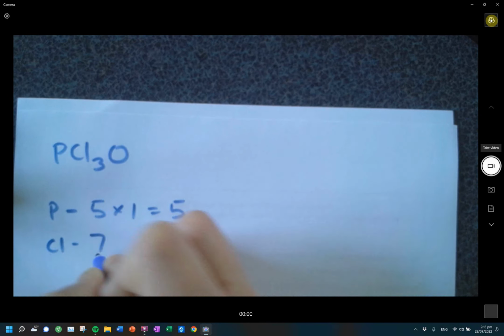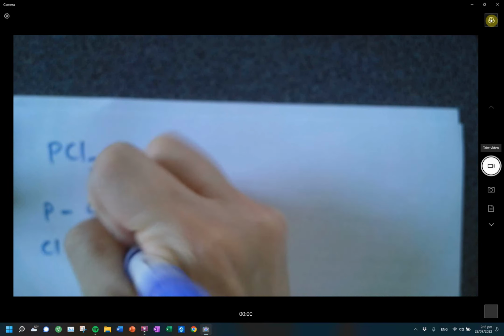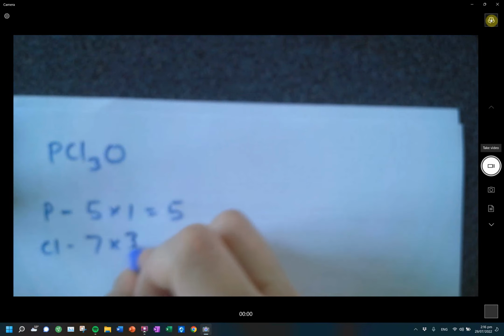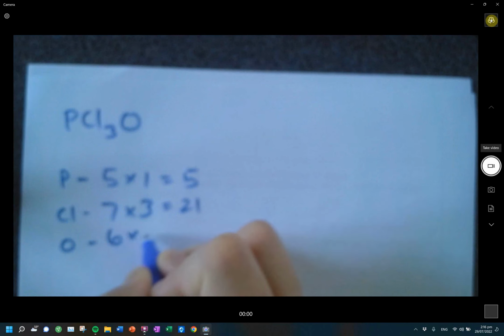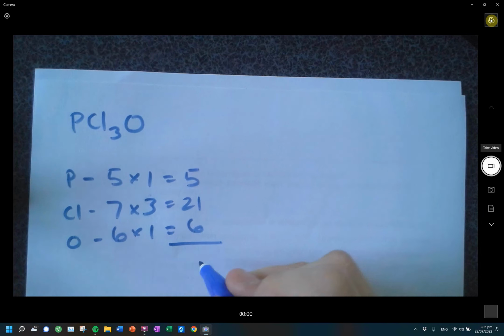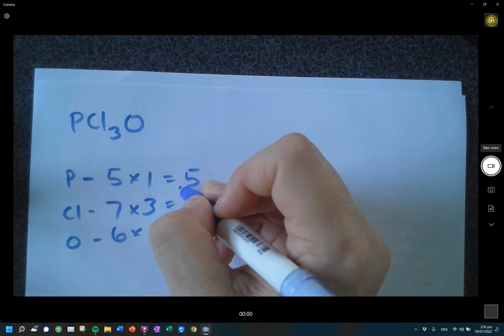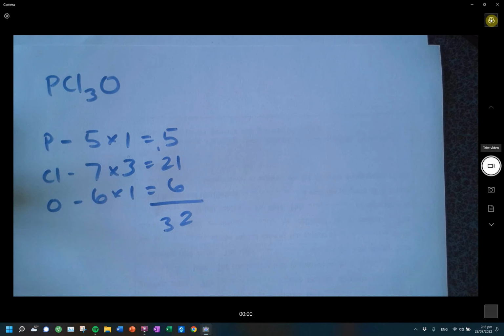Chlorine, 7 on the periodic table, 7 in its group. There's 3 of them, gives us 21. And then oxygen is 6, only have 1, that gives us 6. Do some math. Well, carry the 1, 32. Did I do all my mental math correctly?